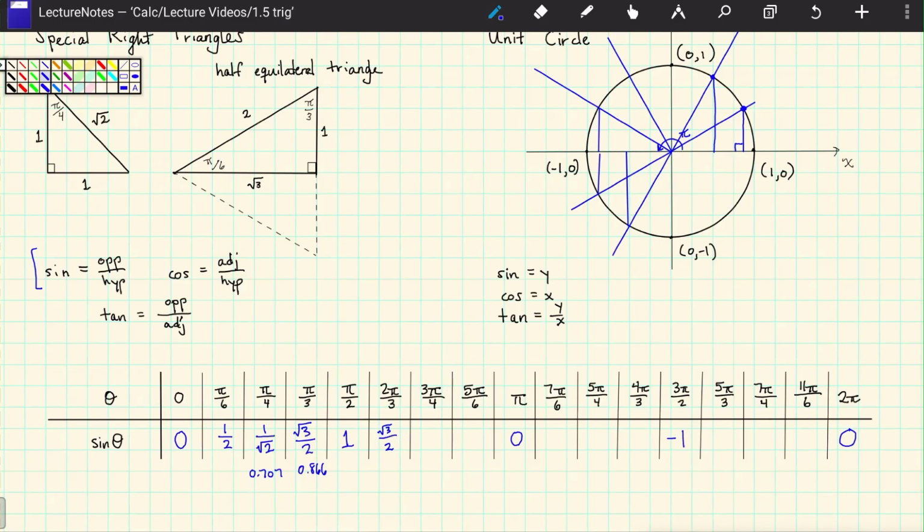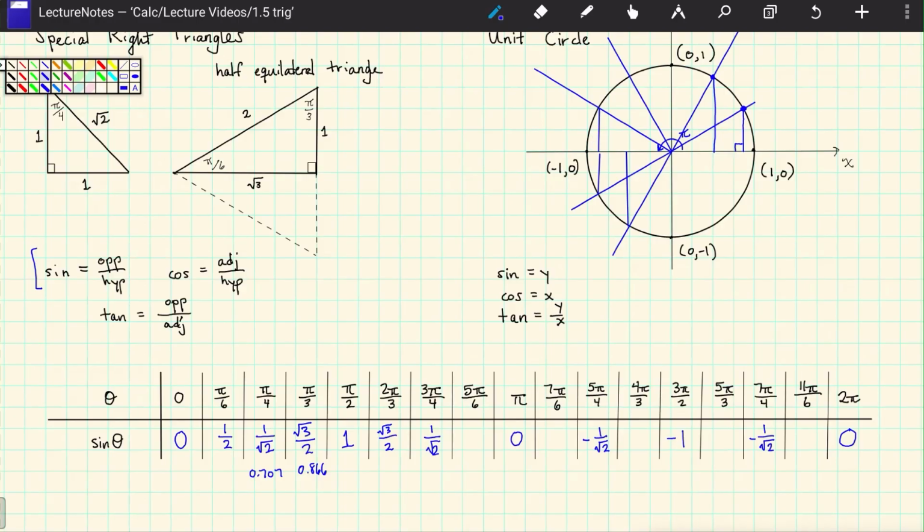And then, oops, where did my 3 pi over 4 go? Oh, 3 pi over 4, I wrote 1. This was supposed to be 1 over root 2. 5 pi over 4, it should be negative 1 over root 2. And at 7 pi over 4, it should be negative 1 over root 2. Where am I? 5 pi over 6.